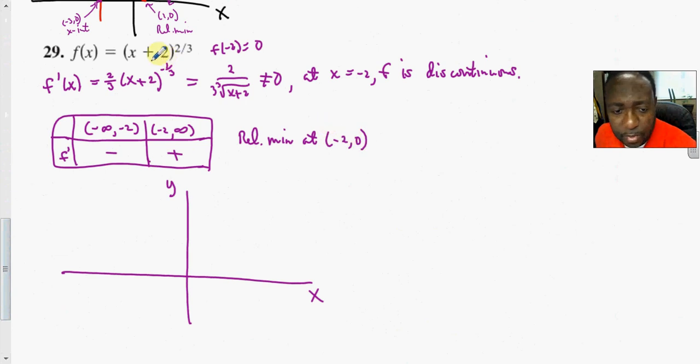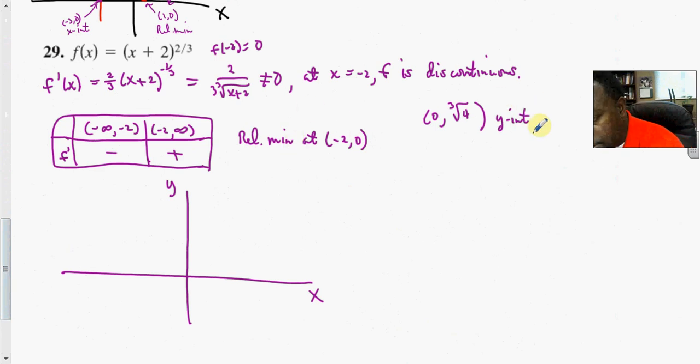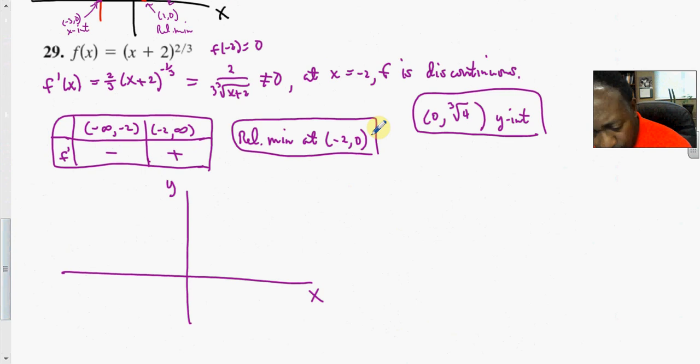If you set x equal to 0, we get y to be the cube root of 4, right? 2 squared, and it's the cube root of that. So the point (negative 2, 0) is there.